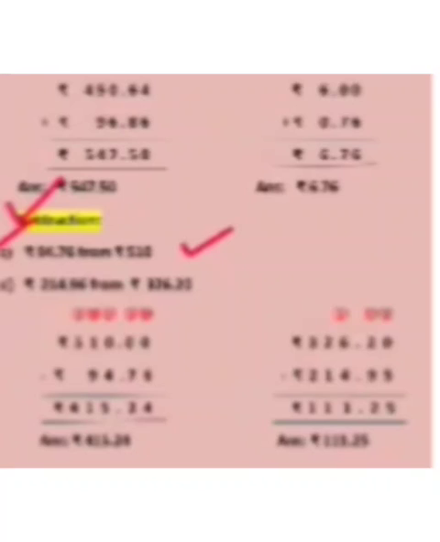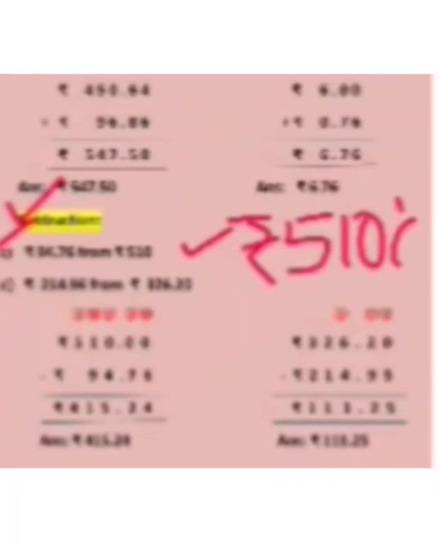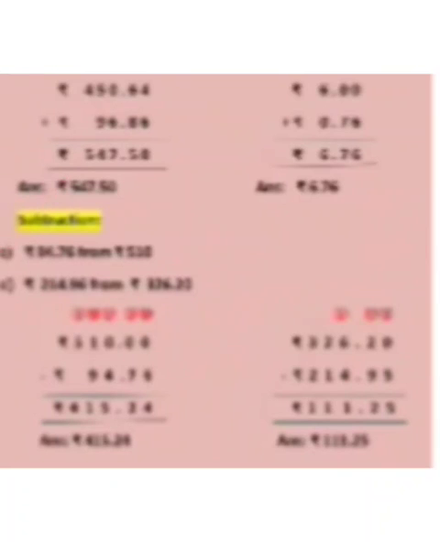So rupees 510 is nothing but 510.00. After decimal there is nothing, that means no paise is there, so we can put 2 extra 0s over there. Same way you write down rupees 510.00.